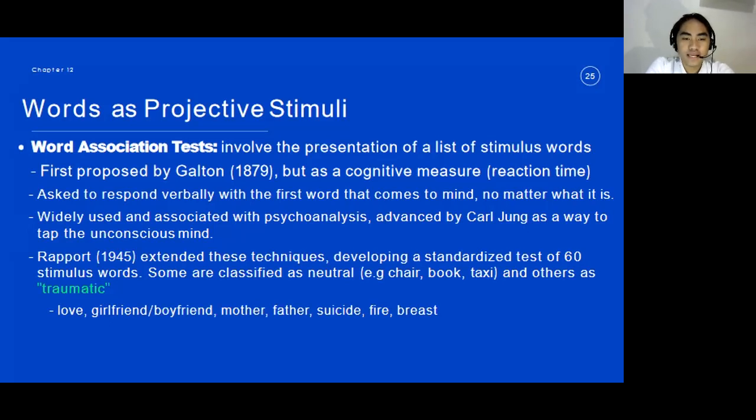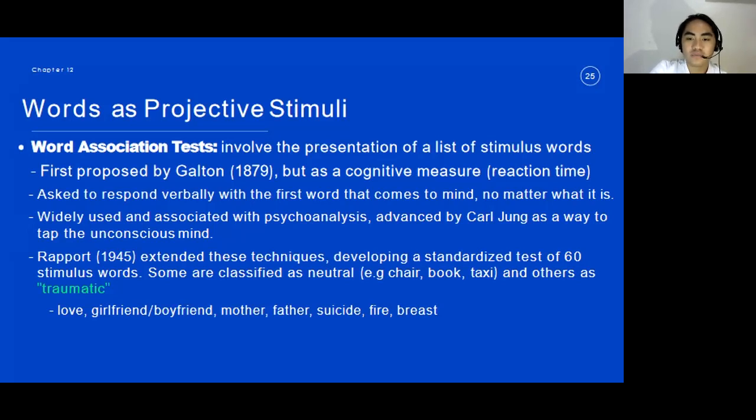Of course, the psychoanalysis people took it too far, probably with the so-called Electra complex and Oedipus complex with the father and the mother. But a word like fire or suicide, if they said, for the word suicide, they would say "peace," that told me something really important about what's going on in their mind.